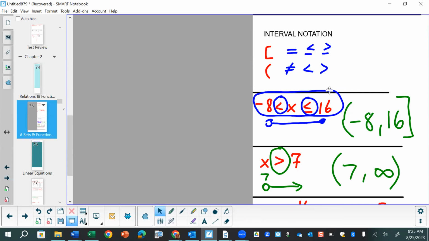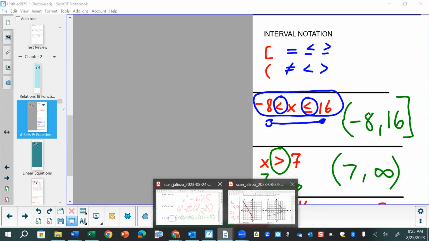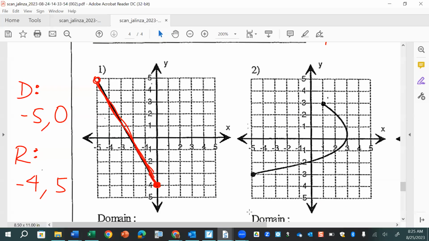Okay. So let's go back to one we did and finish it. What does the domain start with? Bracket or parenthesis? It's open, so paren. And what does it end with?